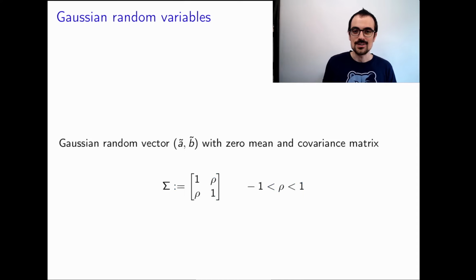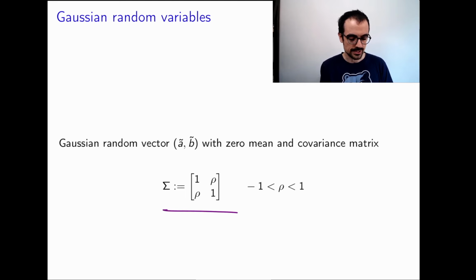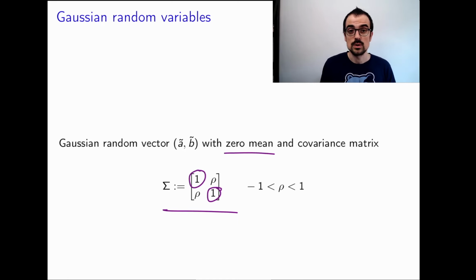Okay, so now let's finish by talking about Gaussian random variables, which are a very, very special case. We're going to consider a Gaussian random vector with zero mean and covariance matrix equal to this. To make things simple, we're considering two Gaussian random variables that have unit variance and zero mean, but what we're going to establish for them would hold for general Gaussian random variables.